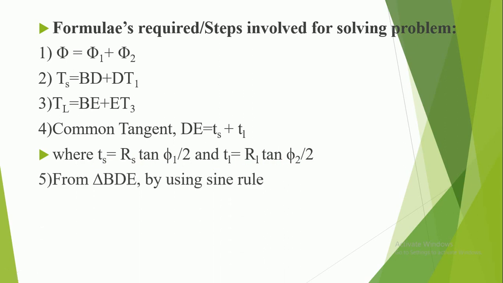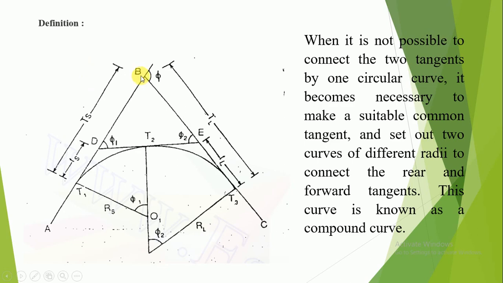Next step: in this case the major task is to calculate the distances BD and BE, because unless we know the distance BD, we will be unable to calculate the chainage of T1 from the intersection point B. The formula for the chainage of T1 is the chainage of the intersection point minus the total distance, that is BD plus DT1.